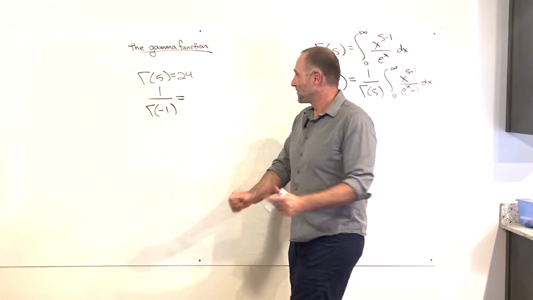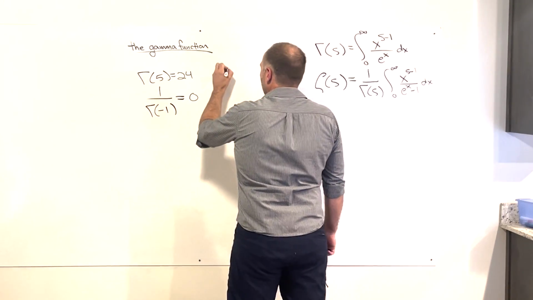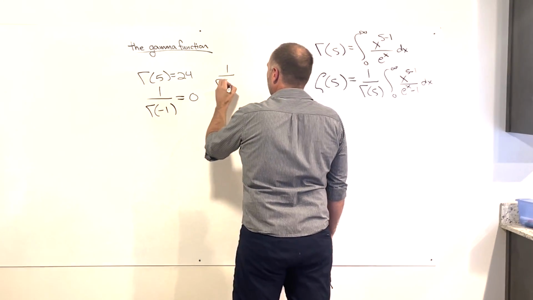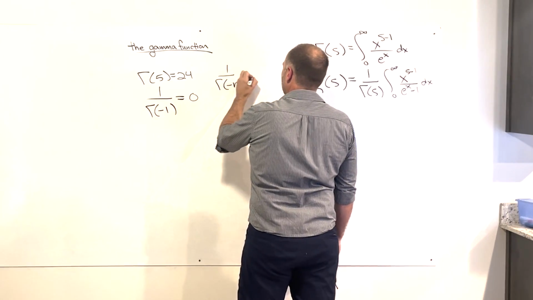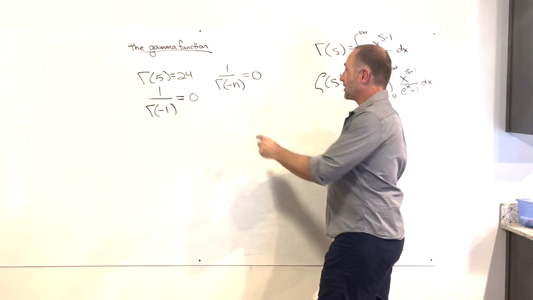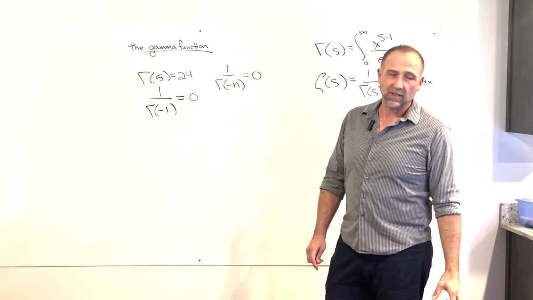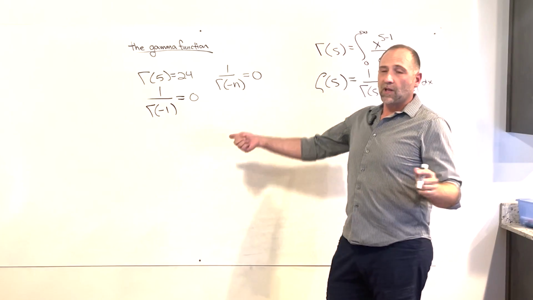It's 0. In fact, 1 over gamma of negative n equals 0, where n is 0, 1, 2, 3, 4, 5, 6, so very specifically just those, all the way up.